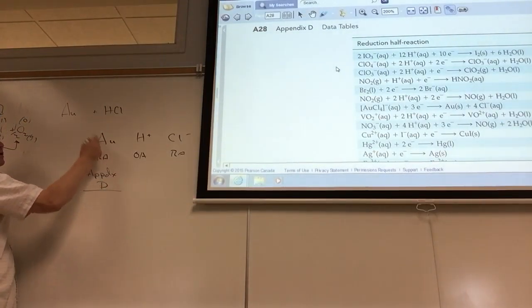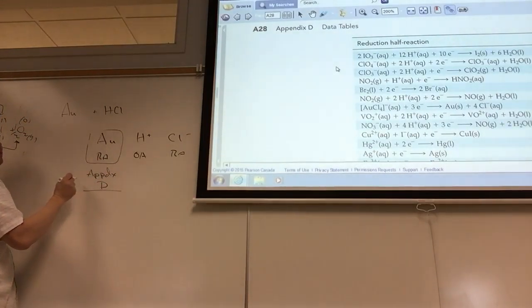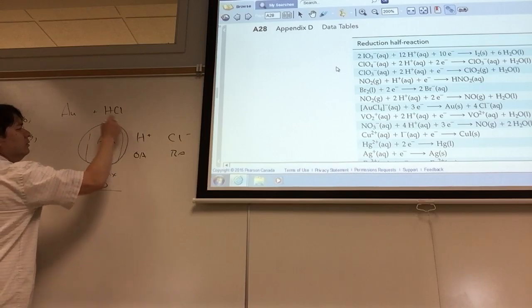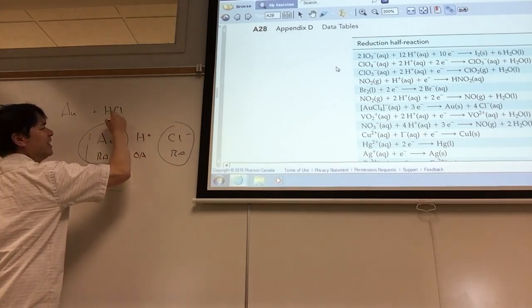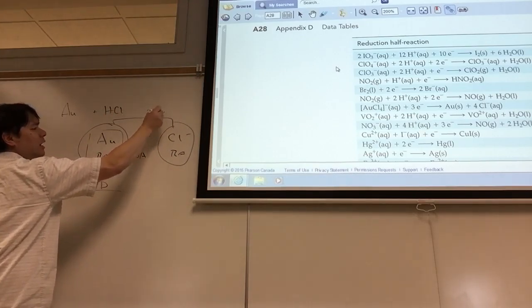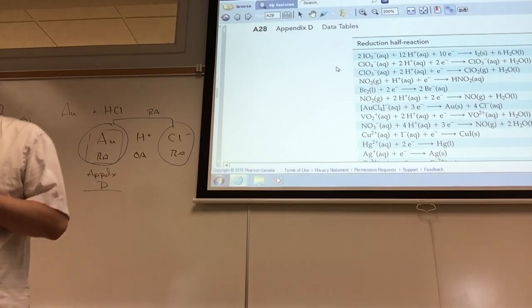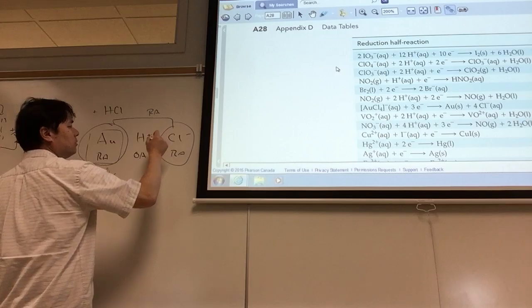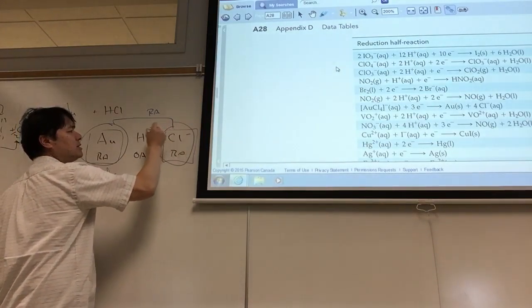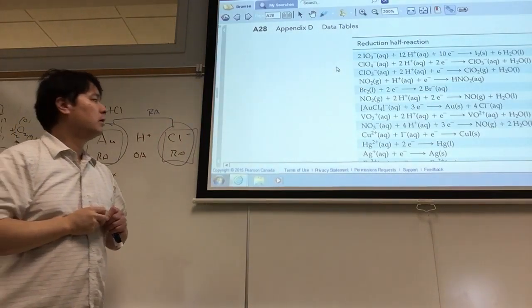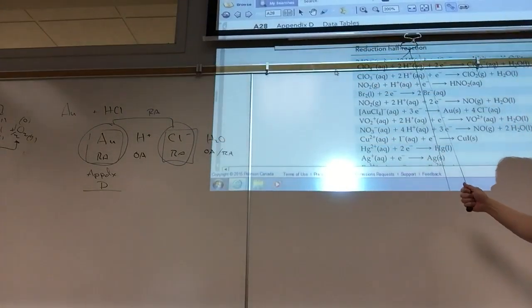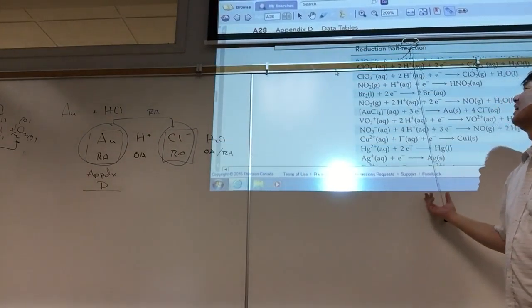Gold alone is a reducing agent, and so we have gold alone. But we also have gold with chloride as a reducing agent. And so we have gold and chloride together as a reducing agent. And then we have chloride alone as a reducing agent. And so chloride can be by itself as well. And then we have water as well, an OA and an RA.